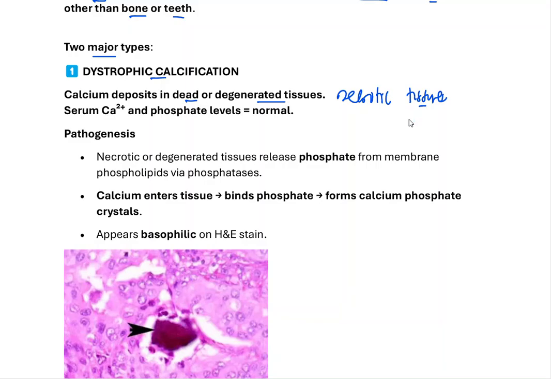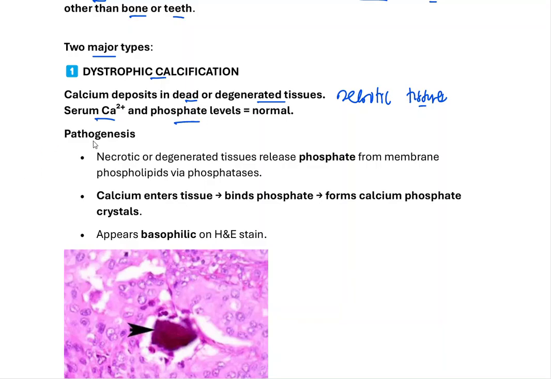And in patients with dystrophic calcification, their serum calcium and phosphate levels are within normal limits. The reason calcium is depositing in those tissues is because those tissues are necrotic, injured, dead, or degenerated, as we saw in the question we did earlier.